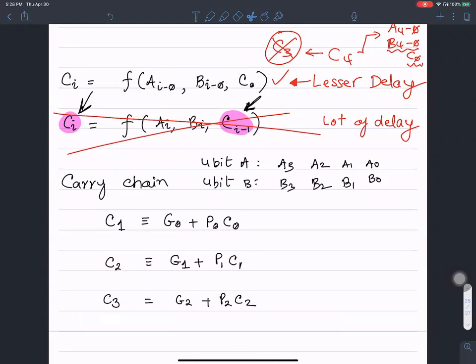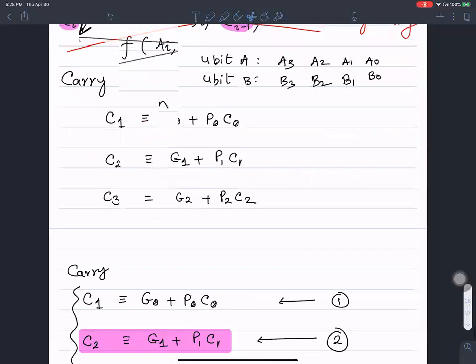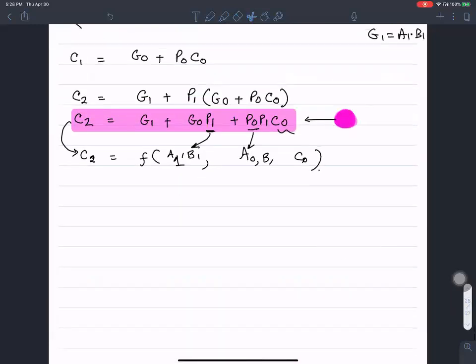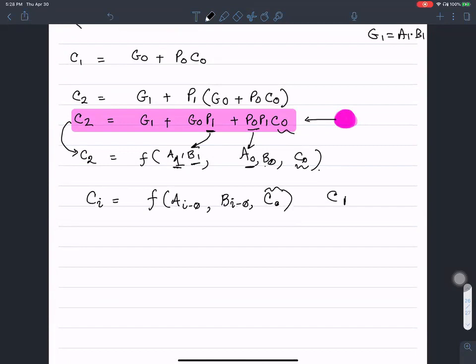If you remember, the top equation, Ci, has lesser delay. So this one, where i is 2, depends on A1, A0, B1, B0, and C0. It is not dependent on C1. That's the sweet thing.